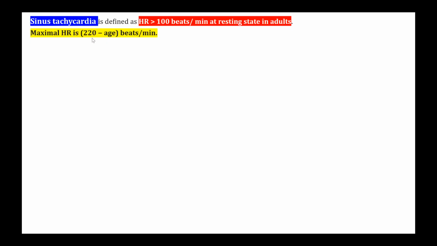Maximal. What is the normal heart rate of the patient in pediatrics and in adults to differentiate? What is the normal heart rate at the age? No. This is considered as the safest age limit, the heartbeat that any patient can have. It is 220 minus the age of the patient in years. Where is it used or where is it applied?